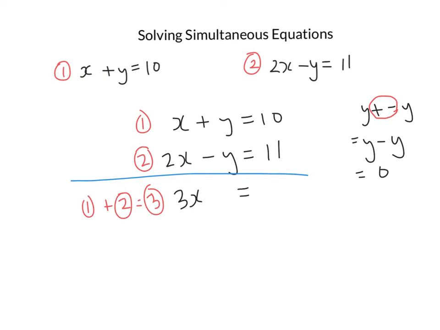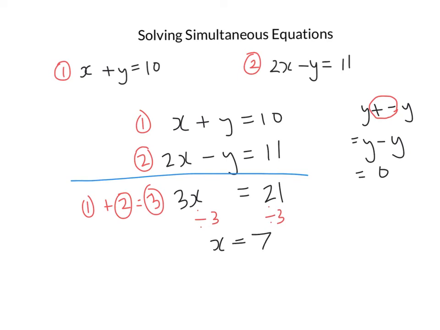And on the right hand side, we've got 10 plus 11, which gives 21. And now we've got a new equation which is easier to solve. 3x equals 21. And to get the value of x, we can divide both sides by 3. And we get x equals 7.